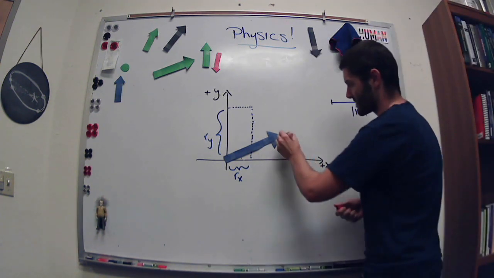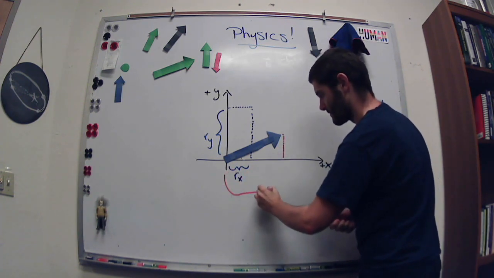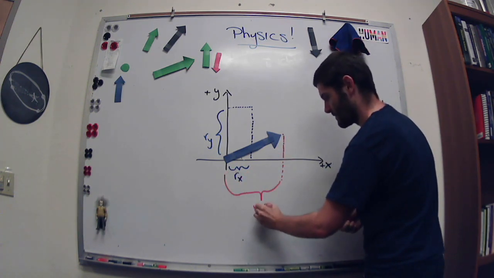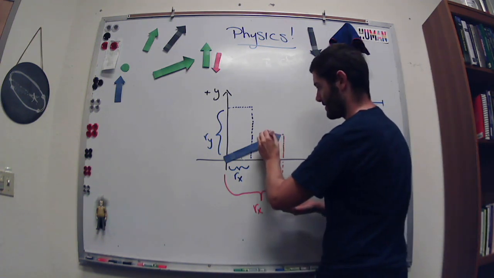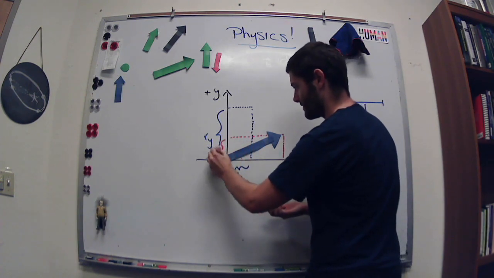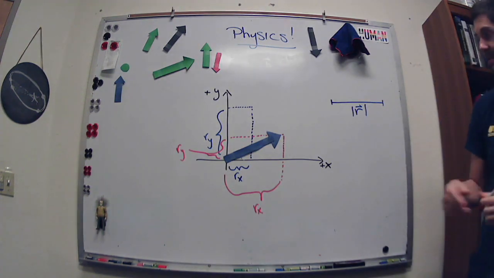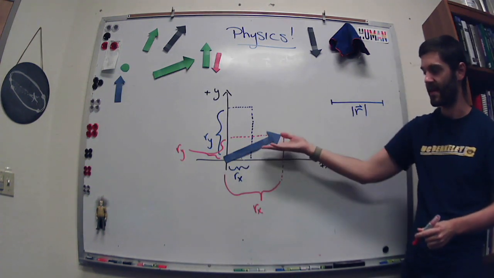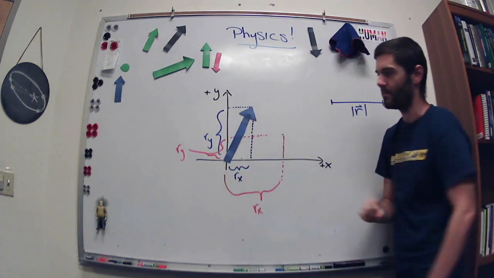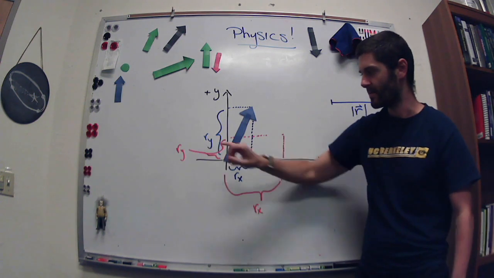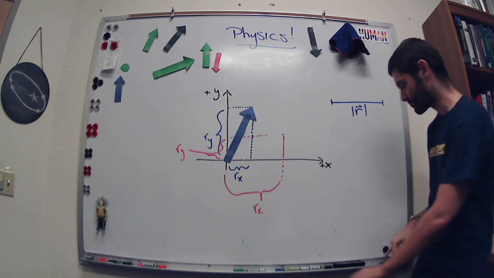And then you can convince yourself that in this case, now the x component has become much larger at the cost of the y component becoming much smaller. It is pointing now more in the x direction when it's at this angle compared to when it was at its original angle where it was pointing more vertically. So this is a larger number than this. But in this case, this is a larger number than this.